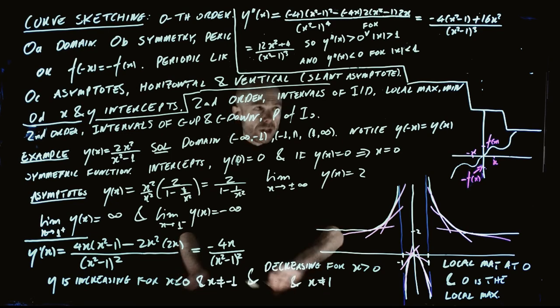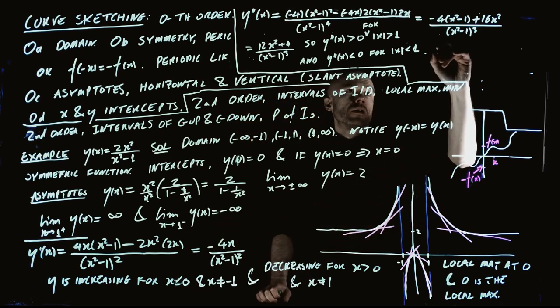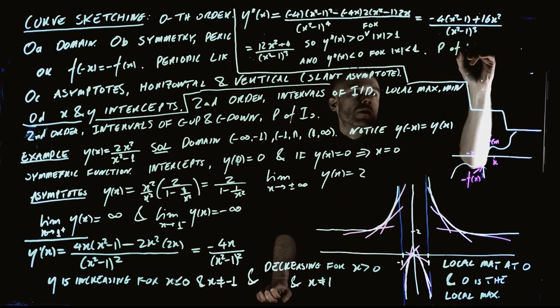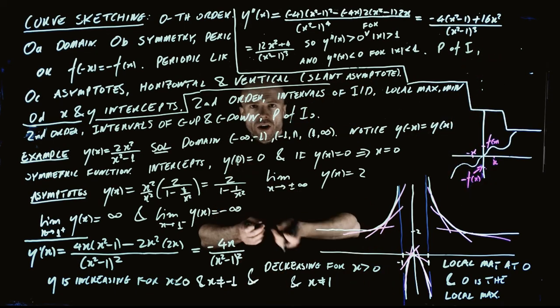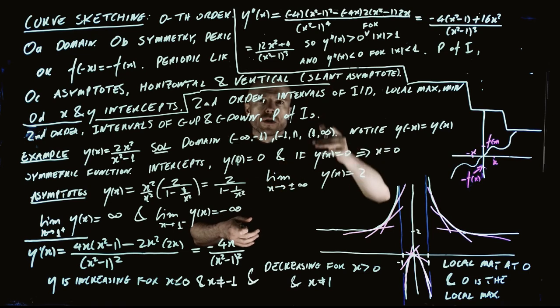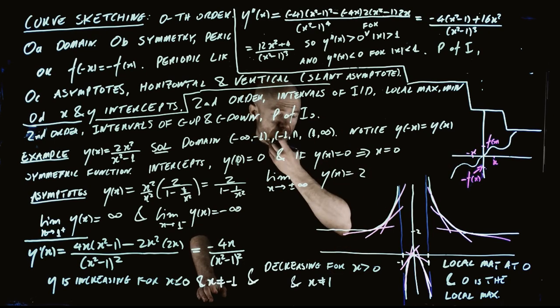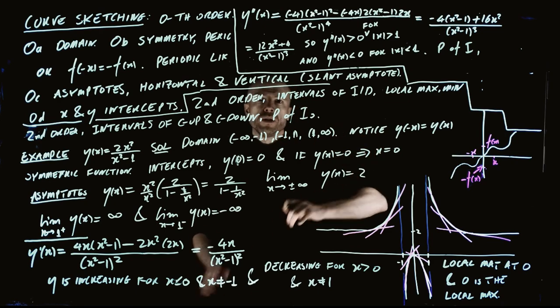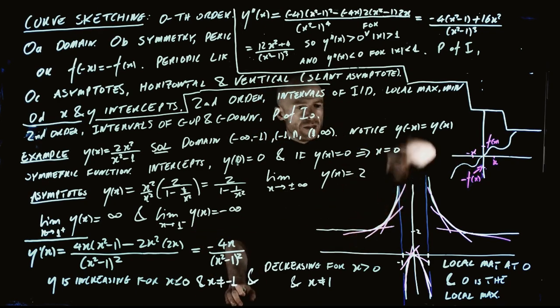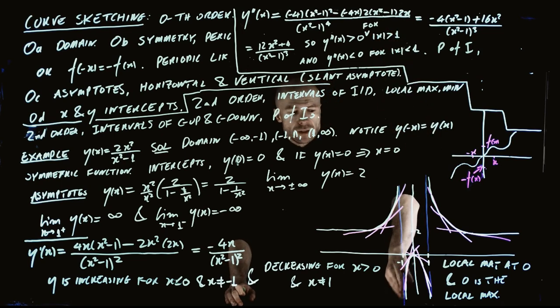Final thing, points of inflection. So a point of inflection is a point on the graph where the graph goes from being concave up to concave down, or vice versa. Sure enough, we have that this thing goes from concave up to concave down, but it's not doing this across a point of the graph, right? It has this vertical asymptote here where it goes off to infinity, and then it's not defined at -1, and then on this new part where it is defined from -1 to 1, it is concave down.